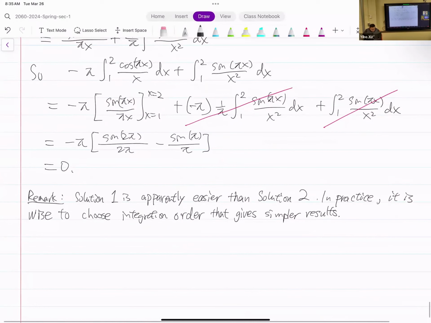So now, more examples. Let's look at an example.